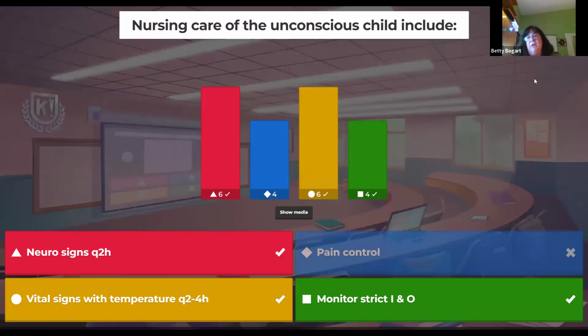I mean, unconscious, let's say that the kid has fallen, neuro signs. It could be a paralyzed, sedated child. So again, it's those pupils. Always watching the vital signs. And any unconscious child probably has some sort of brain injury, strict I&O. Now, pain control is not our absolute priority. It's more the fluid balance and neurostatus. Are we going to keep them from pain? Yes, we will. But the other ones are the most important on the list.